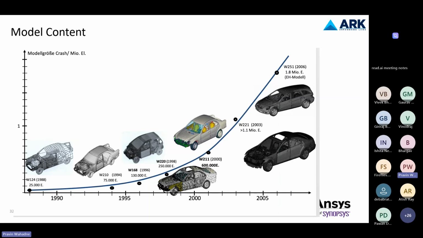So these are the model concepts starting from the 1990s to 2005. We now have robust techniques under simulation for crashworthiness. Earlier, the mesh was coarse and the computational power used was less.